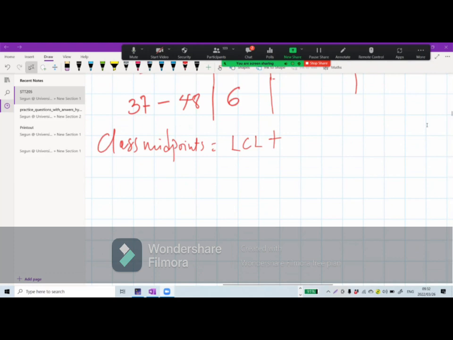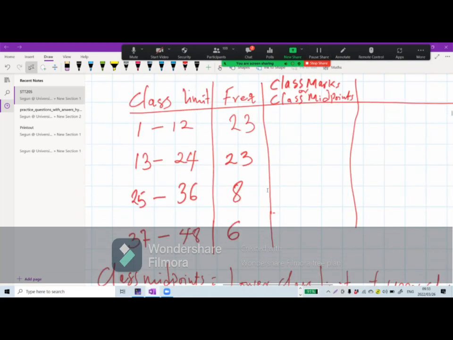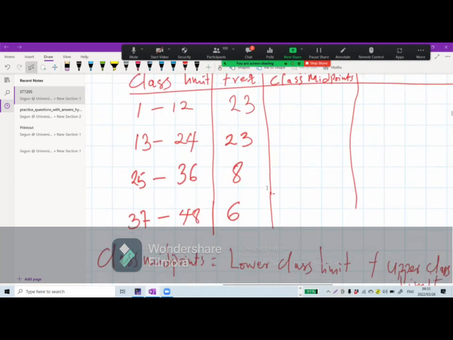Okay, we have lower class limits. Let me write it like this: lower class limit plus upper class limit, divided by 2. Now let's go to our class limits.